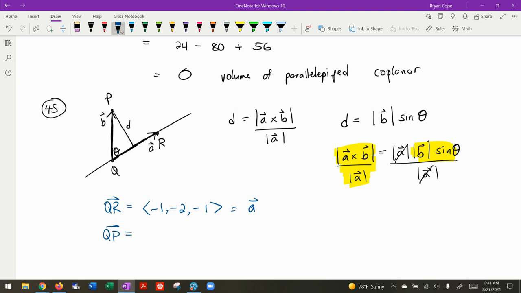We start at Q and go to P. So we'll take P minus Q, which is the vector 1, 5, 7.